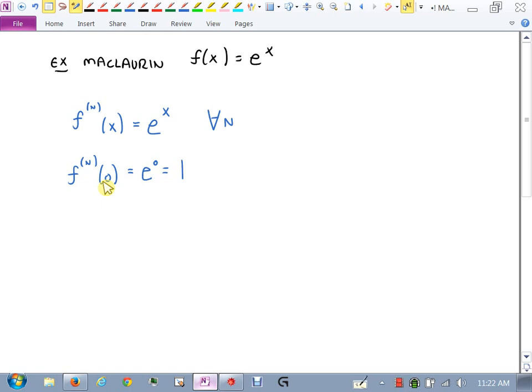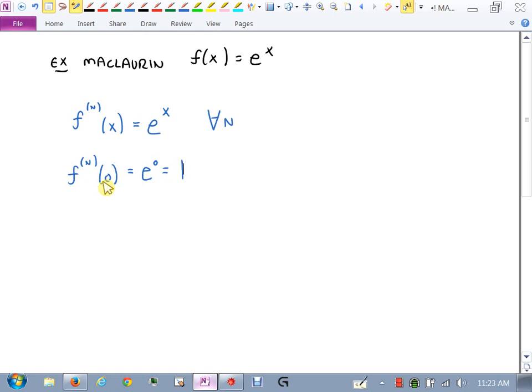So when I start to write out the terms, I'm going to have 1 for every one of them. It's not going to alternate. I don't have negatives here. It's just going to be 1, 1, 1, 1, 1 on top. On the bottom, we're going to have n factorial: 1 factorial, 2 factorial, 3 factorial, 4 factorial, and so on. And the powers on x just keep coming up.